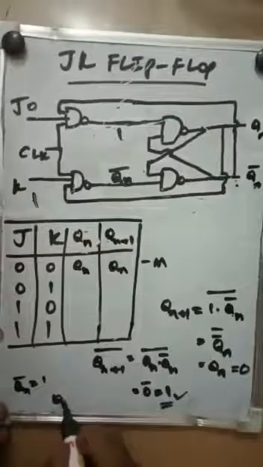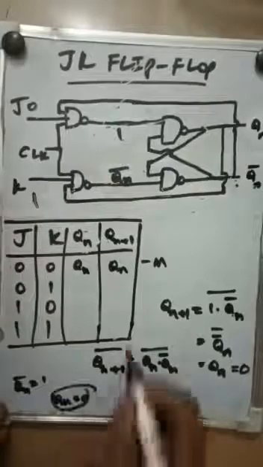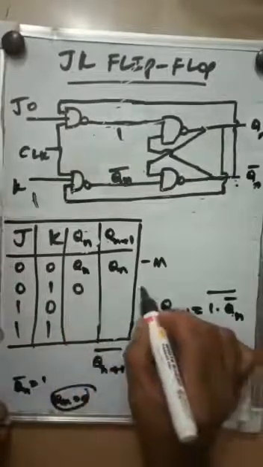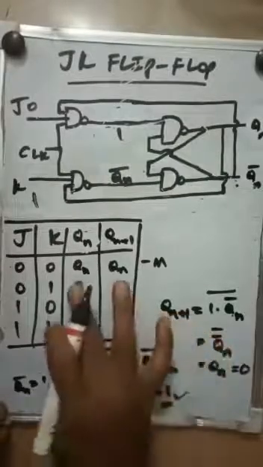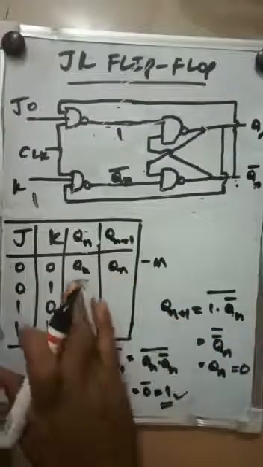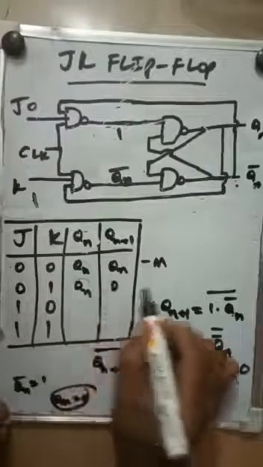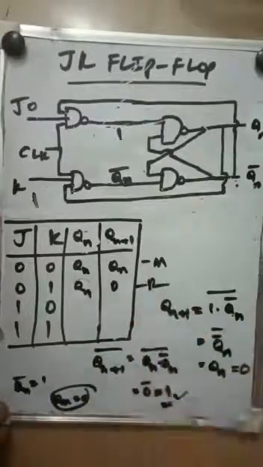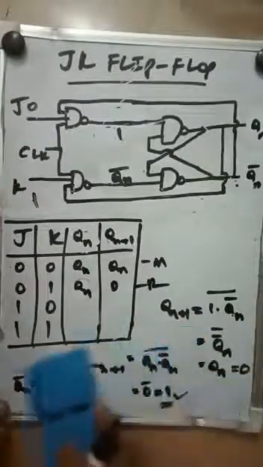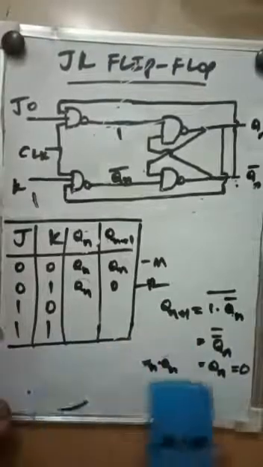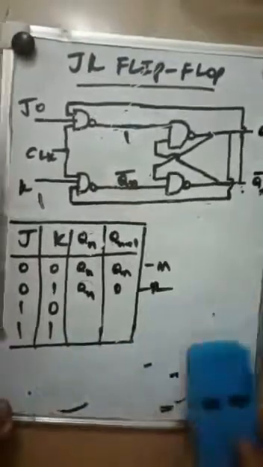Then qn should be equal to 0. That means this is always 0. That means if it is a present state qn, this is equal to 0. That means reset state, reset condition. That should be derived from this next state.